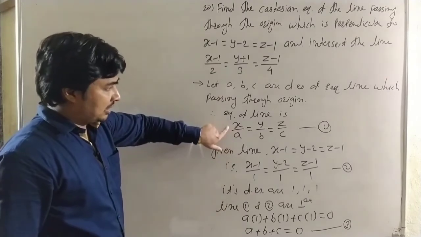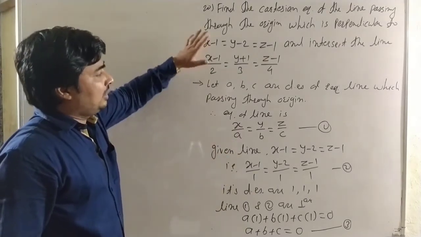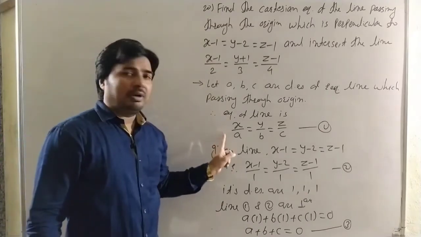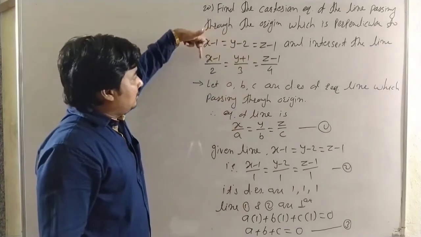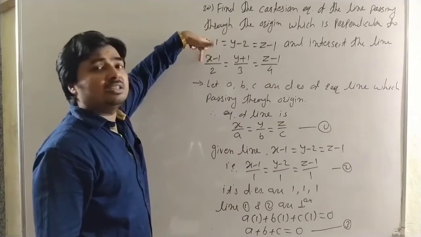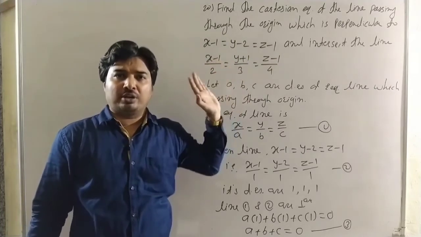Equation 1 is a line, and also there is a given line. Again, one condition is that the required line is perpendicular to this line, and the second condition is that the required line intersects this line. Intersect means there is one common point on both lines.